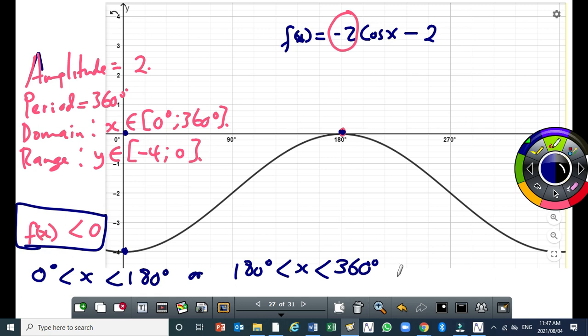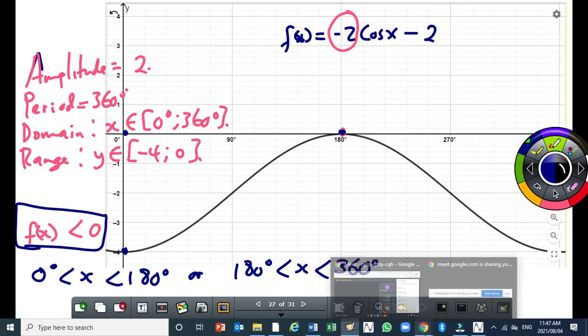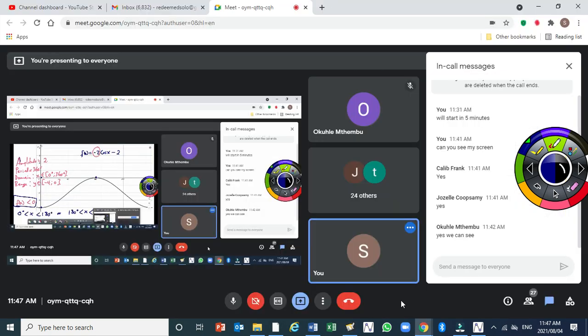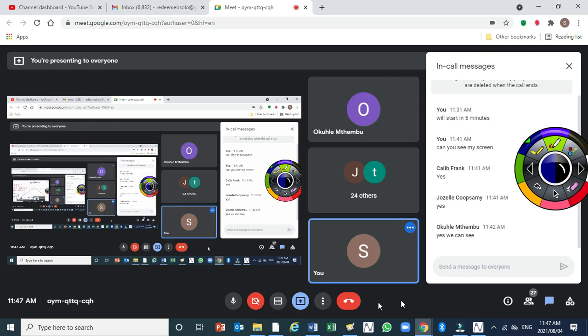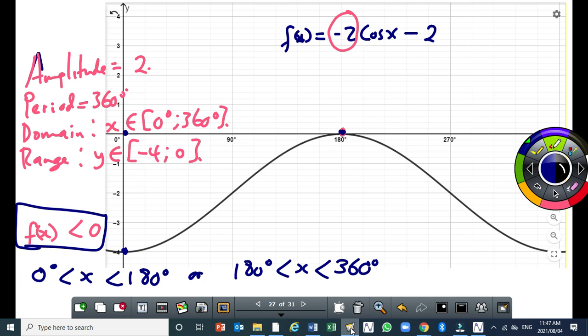But who has got any question, please? No, sir. Sir, I have a question. Yes. I want to know exactly how the a value, like how you taught us the general equation for this question. -2 would be the a value, right?